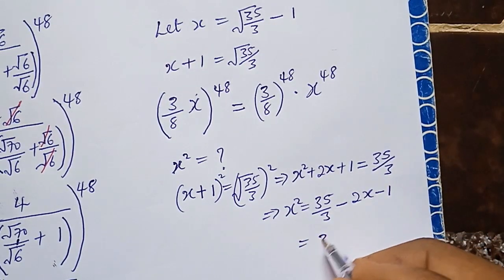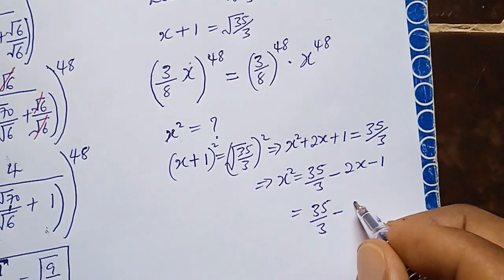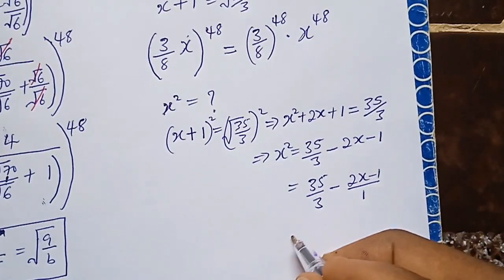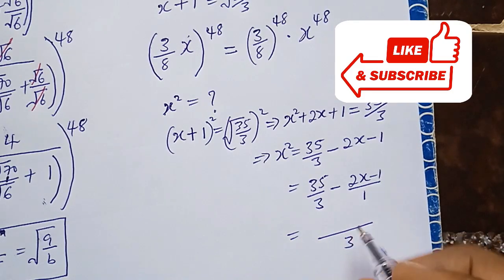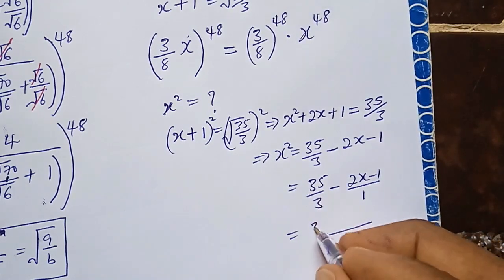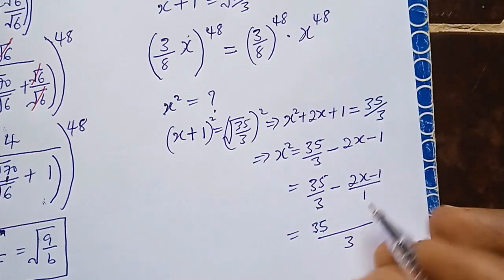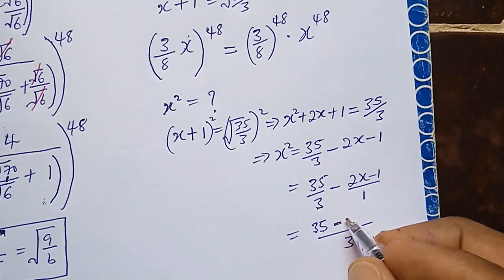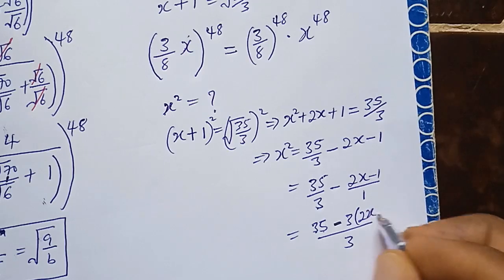Putting everything over 3, we have 35 minus 3 multiplied by 2x plus 1.